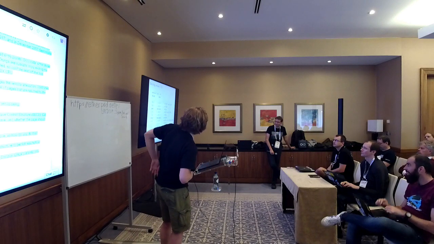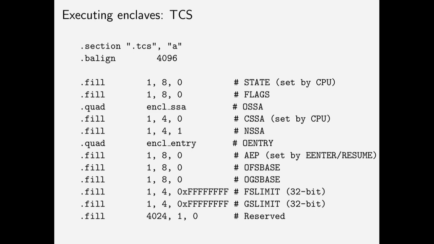Okay, and this is what the TCS entry point looks like, from my self-test program. There's the save state stack that is used to store the register state when we get interrupts and everything.